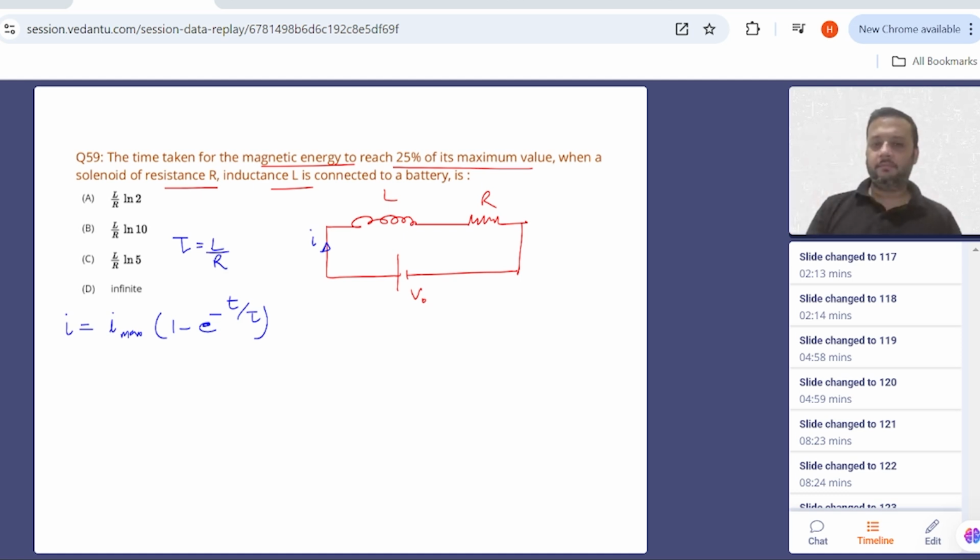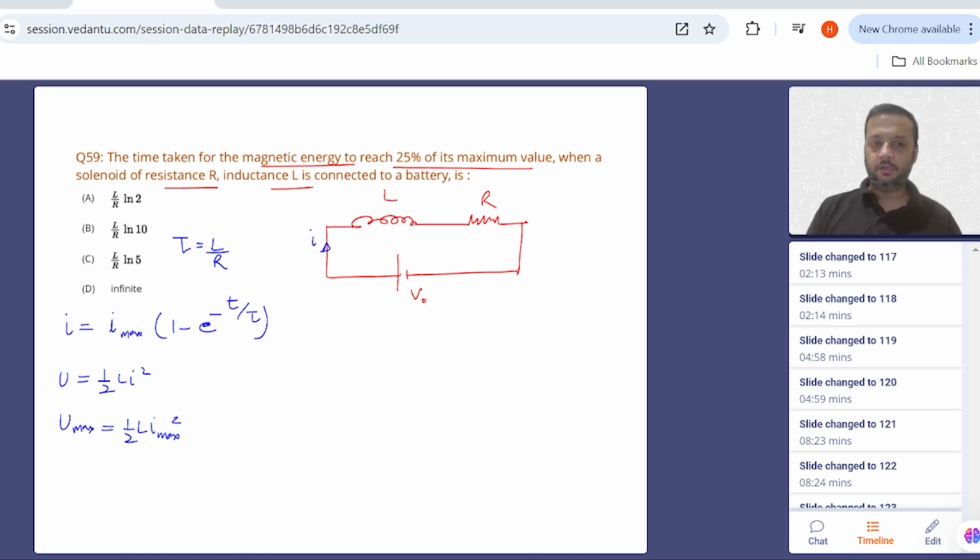Notice that maximum energy will come when the current will reach its maximum value, which is I max. At that instant, the energy in the inductor will become maximum because energy is given by half Li square. So the moment the current becomes maximum, the energy will also be maximum, which means maximum magnetic energy simply can be written as half into L into I max square. Now we want to find the time at which the energy was 25%.